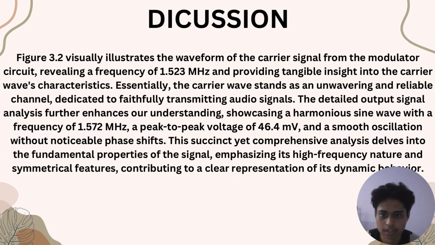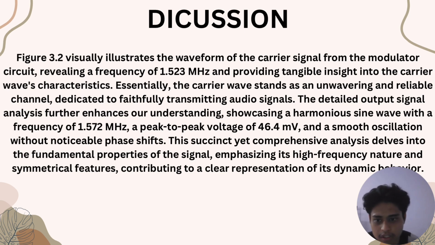So figure 3.2 visually illustrates the waveform of the carrier signal from the modulator circuit, revealing a frequency of 1.523 MHz and providing a tangible insight into the carrier wave characteristics. Essentially, the carrier wave stands as a reliable channel dedicated to faithfully transmitting audio signals.